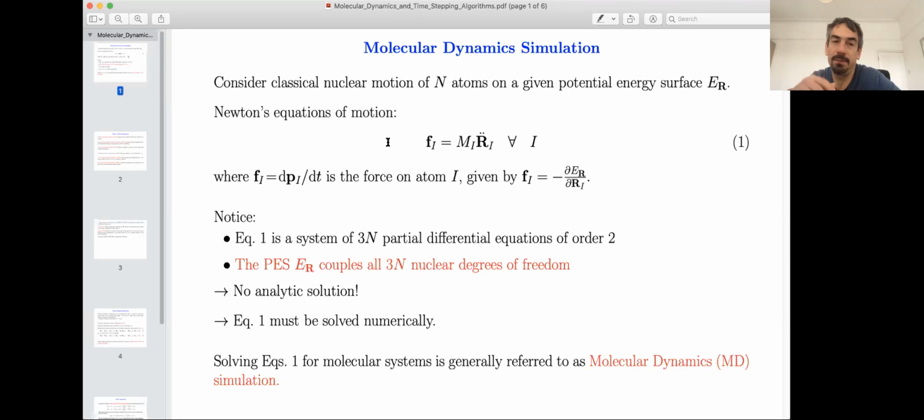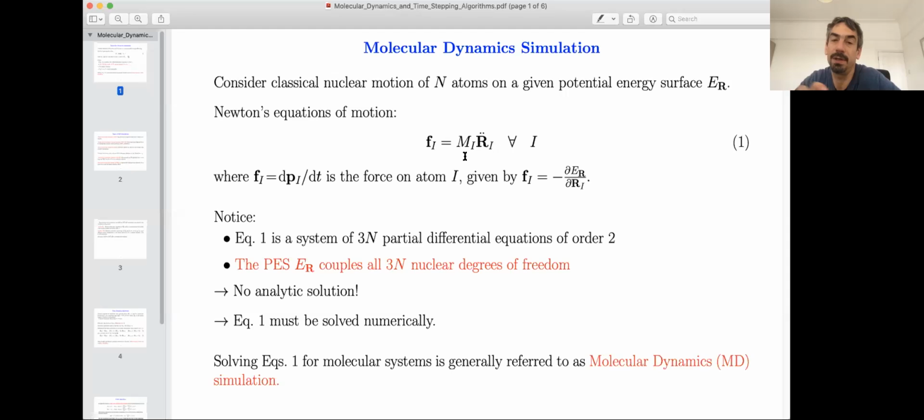Now in ab initio molecular dynamics, you are interested in how the nuclei move from one place to the other in time, solving Newton's equation of motion. In order to do that, as you see in equation 1 here, you not only need the DFT energy of that system, but also the DFT force, the force that acts on each nucleus.